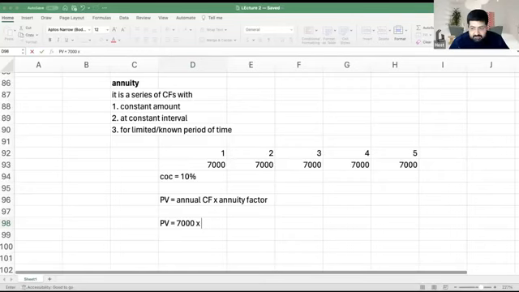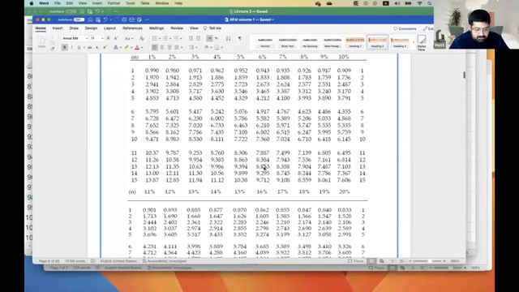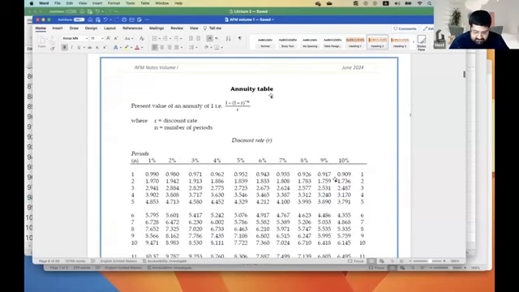Yes, here is a formula sheet in front of you. This is annuity table. 10% for 5 years, 3.791.